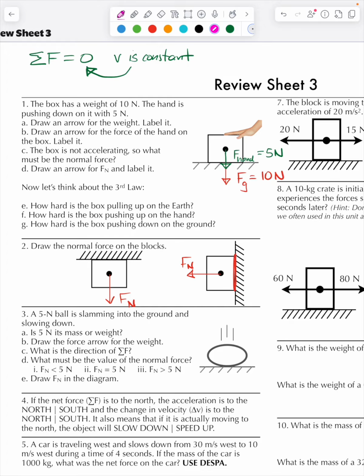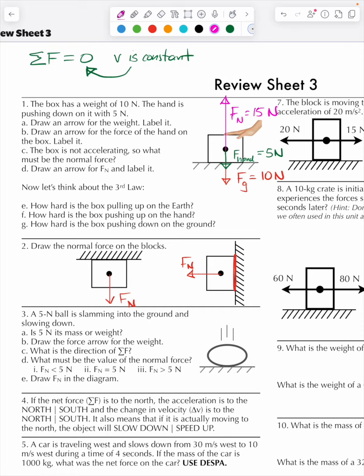So if it's not moving, if the net force is 0, how big must the normal force be? 15 newtons up, right? And so when you were drawing forces, we had to make the arrow long enough, because if you added those red and green arrows, it might be as long as that magenta arrow. So the normal force is equal to 15 newtons.